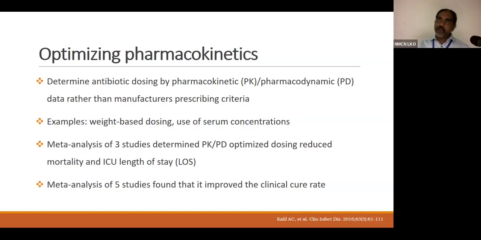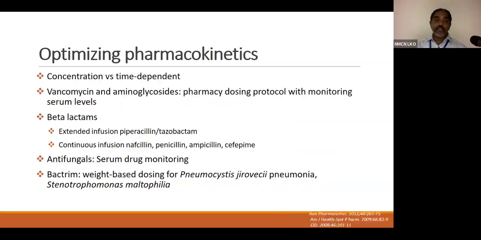In a meta-analysis of 3 studies which determined whether pharmacokinetic pharmacodynamic optimization led to better outcomes, it was found that it was associated with less mortality and reduced ICU length of stay. And in another meta-analysis, it was shown that it was associated with improved clinical cure rate.